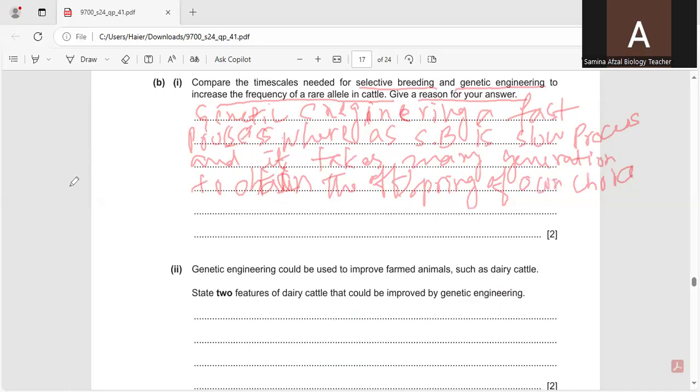So in this way, these can be differentiated from one another.